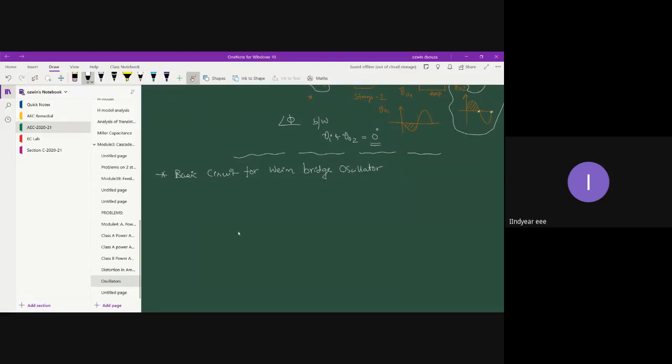As I was mentioning, it takes the shape of a bridge. So what I will do is let me just construct the bridge. Something of this kind you can construct.